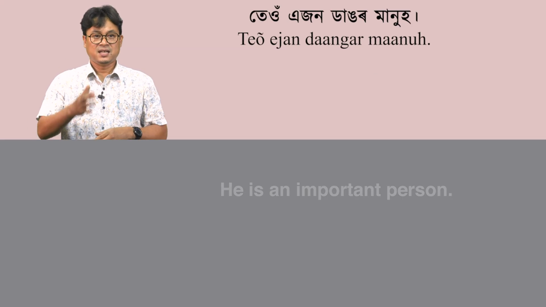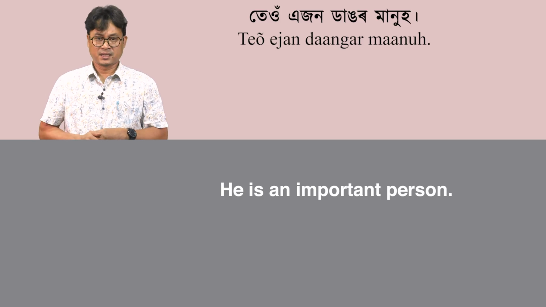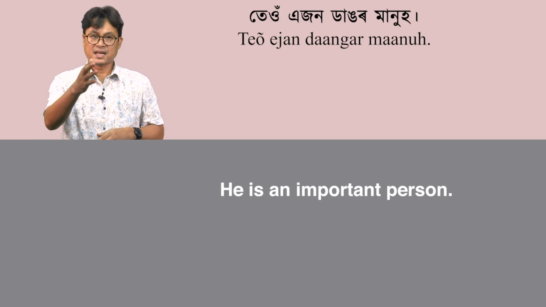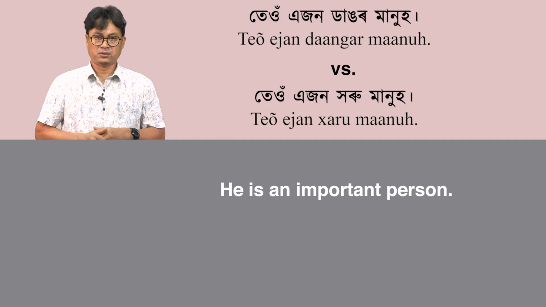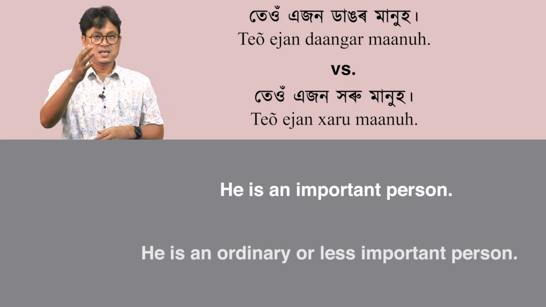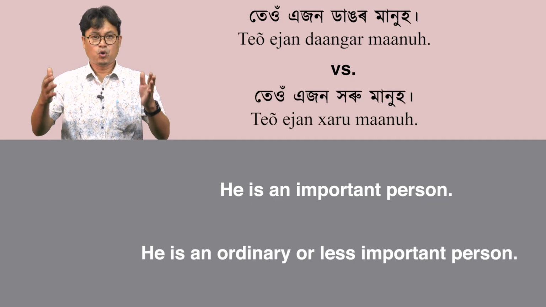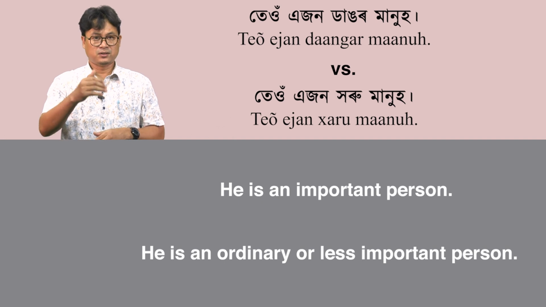That means he is an important person, teo ejon dangor manu versus teo ejon soru manu, which means he's an ordinary or less important person. Thus, the same antonym pair may shift meaning depending on context.